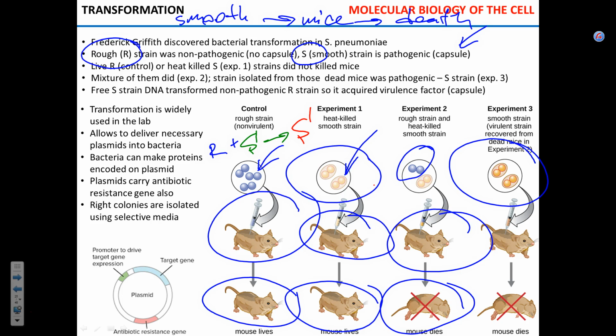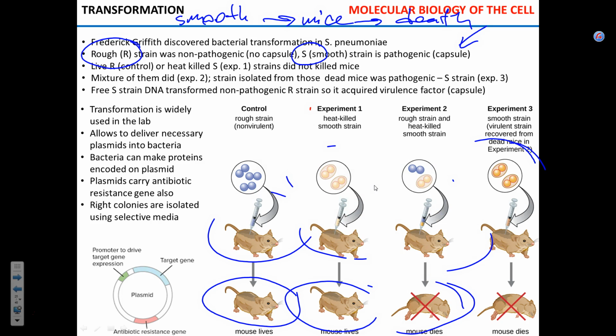So what happens? When you have the heat-killed smooth strain, free DNA exists there. By itself, it does not kill anything, right?